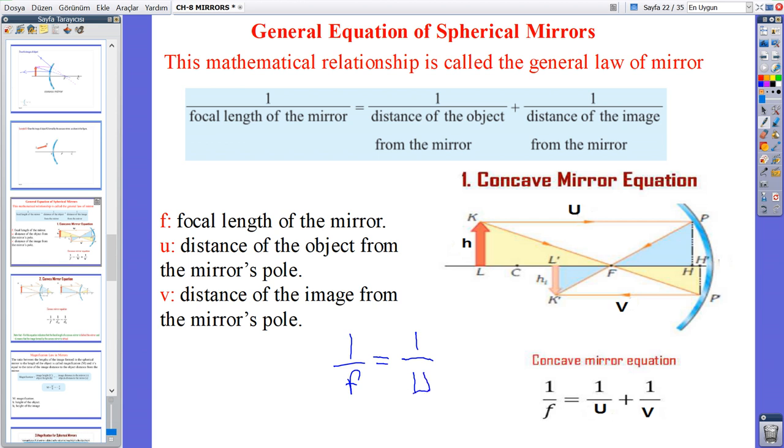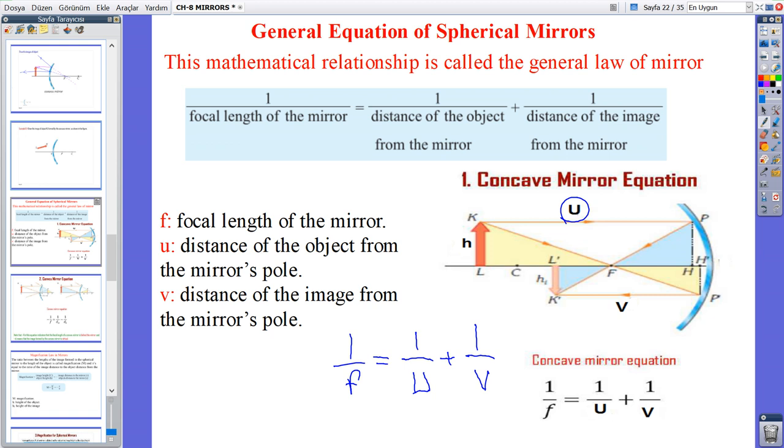If you remember the last lesson, we showed what u is, the distance of the object to the mirror, and v, the distance between the image and the mirror. So 1 over f equals 1 over u, the distance of the object to the mirror, plus 1 over v, the distance of the image to the mirror.